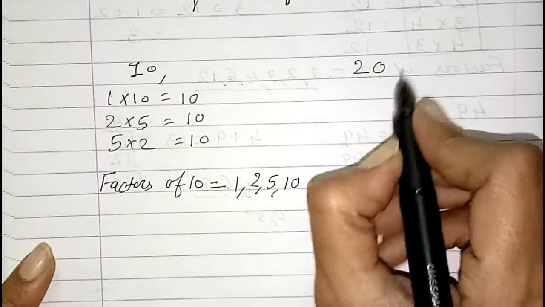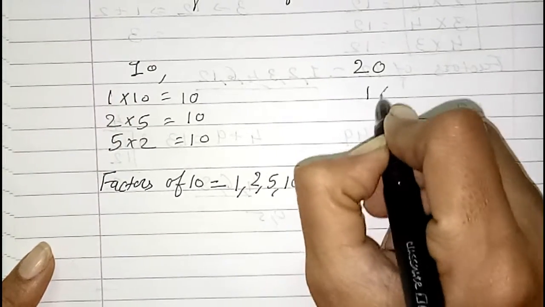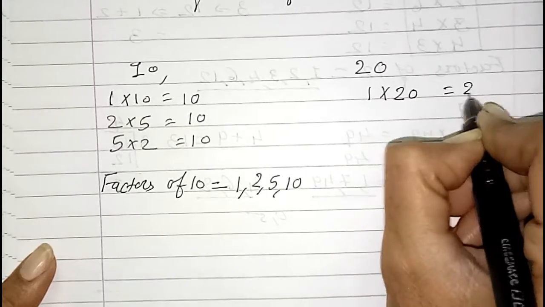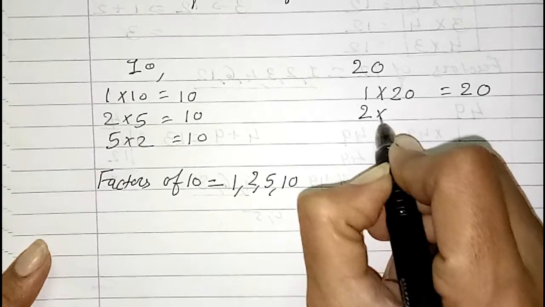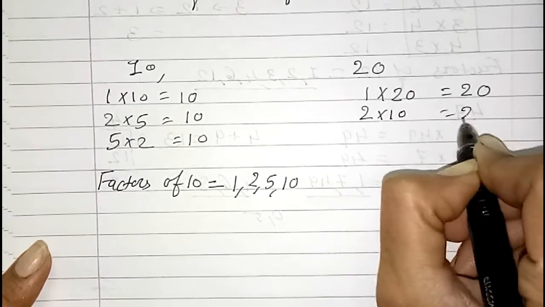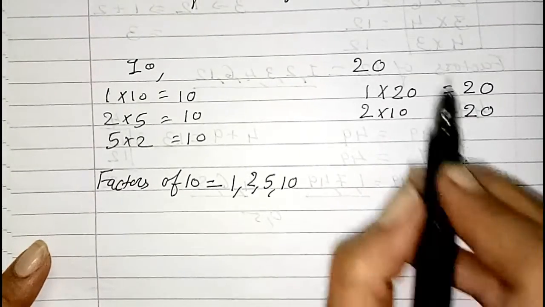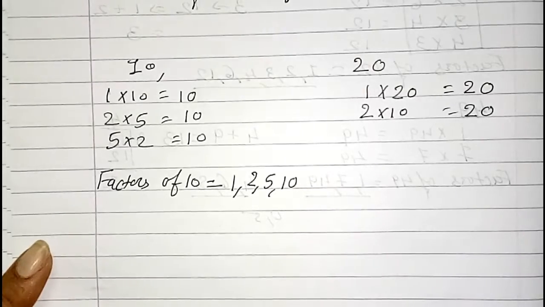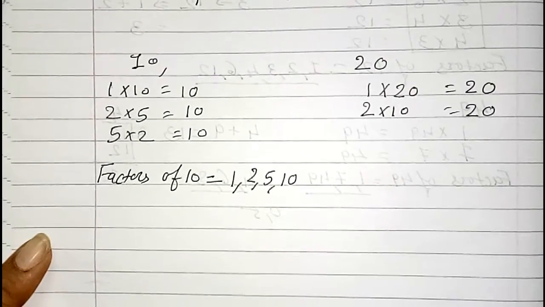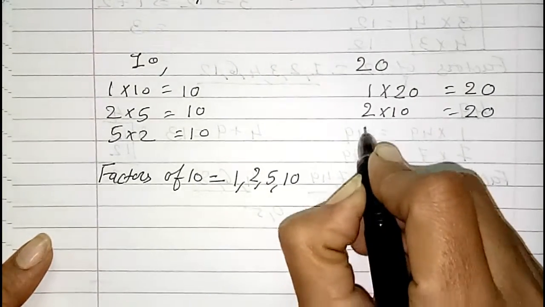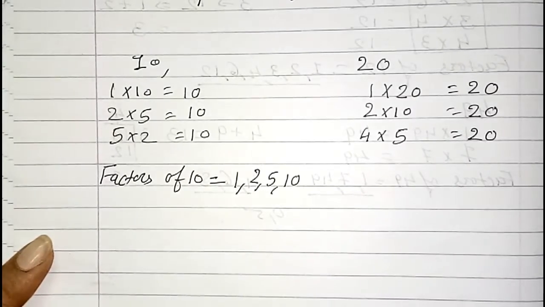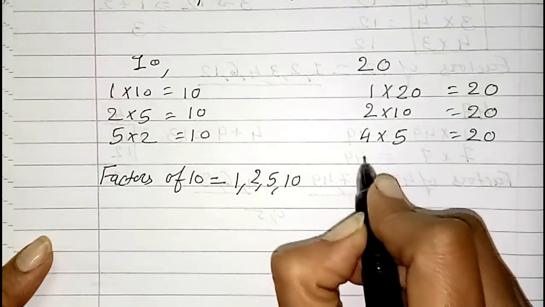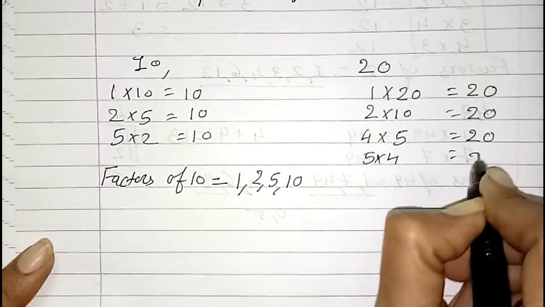Now let's find the factors of 20. First 1 20s are 20, then 2, 2 10s are 20. 3 is possible? 2 plus 0 is 2. 2 cannot divide by 3. 4, yes, in the table of 4, 4 5s are 20 and 5 4s are 20.